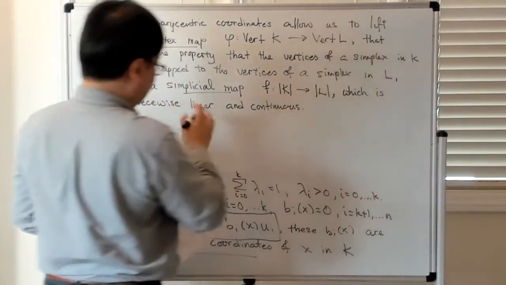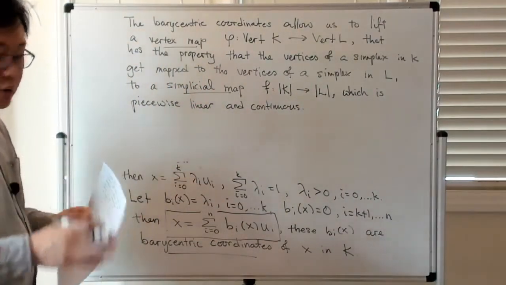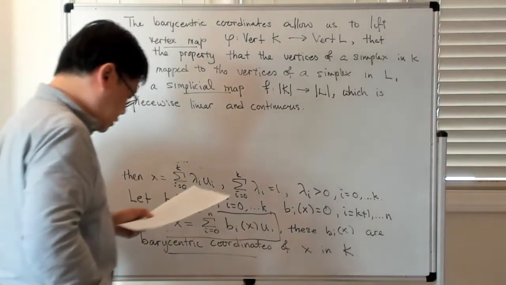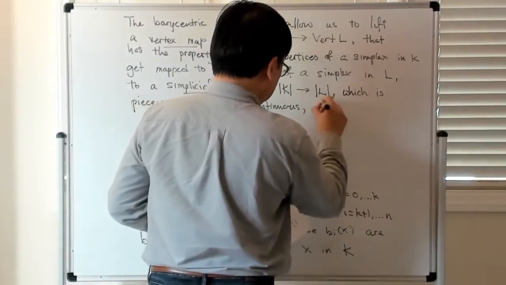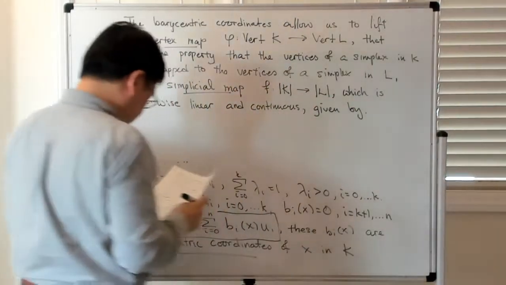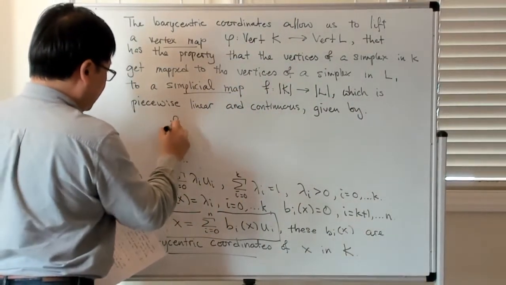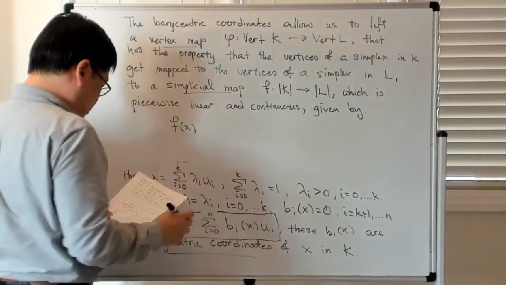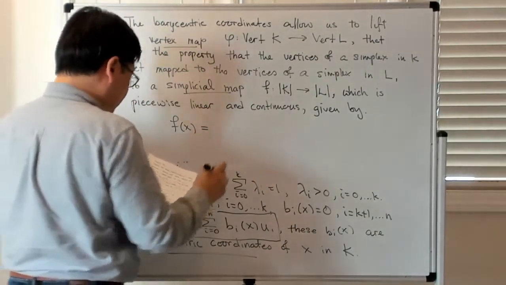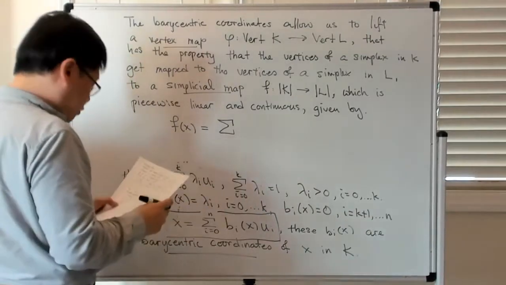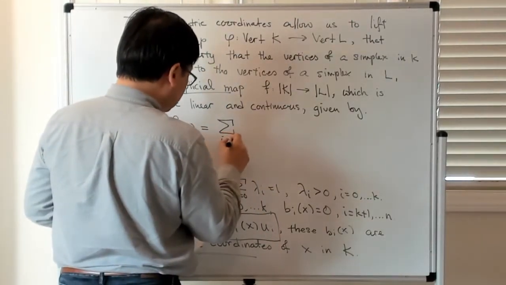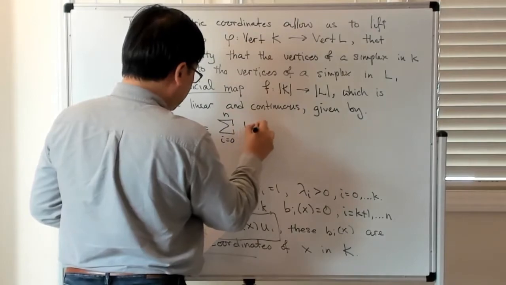What we're going to basically see is that it's linear when restricted to a given simplex. Okay, and it's given by the following. All right, so if you want to take f of x, what you're going to do is take the linear combination with weights given by the barycentric coordinates. That's quite natural. Okay, so it's b_i of x.